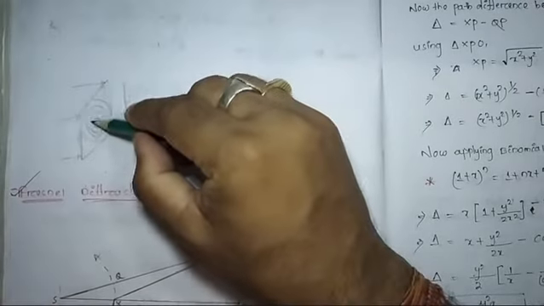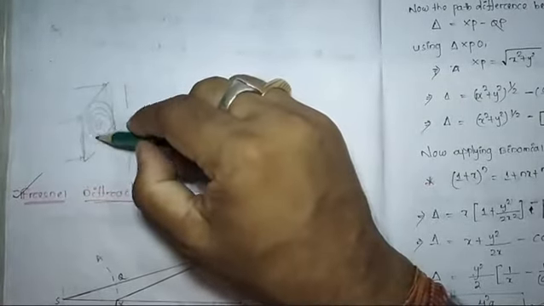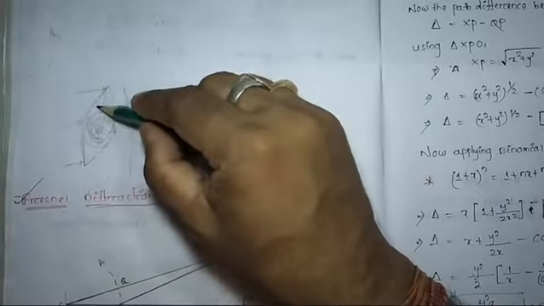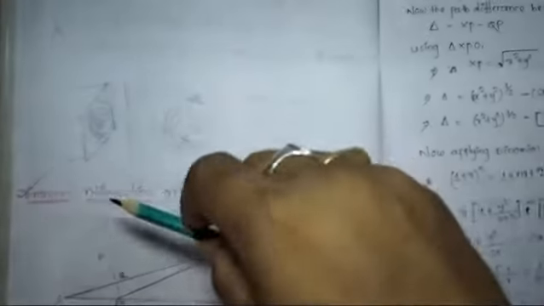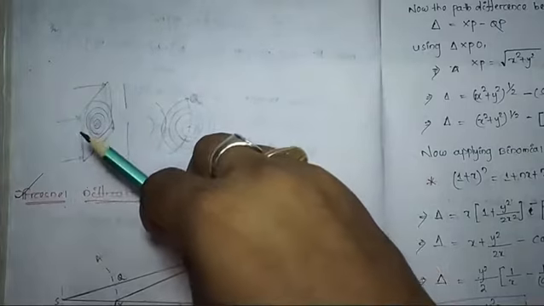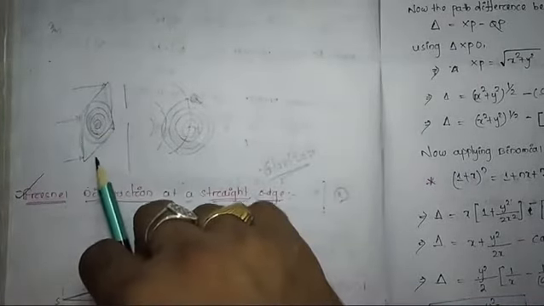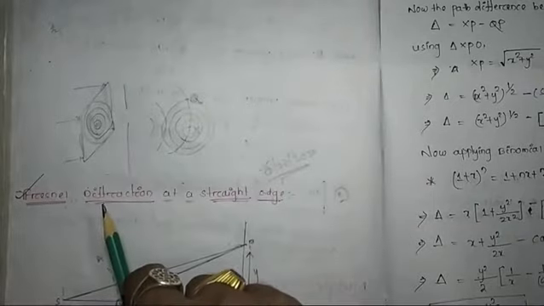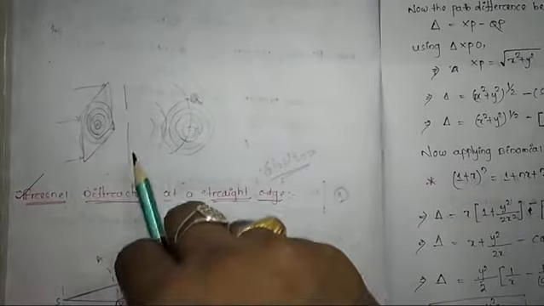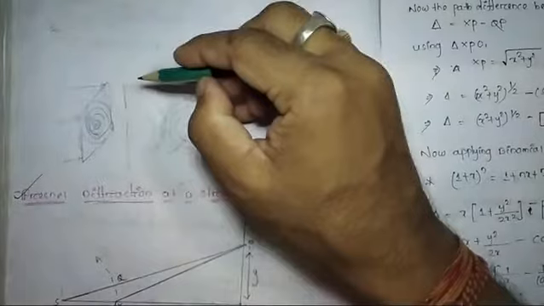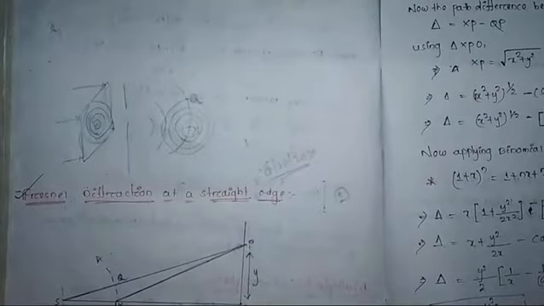This is one half period zone, this is another half period zone, this is another, numbers of half period zones. The rays coming out from each and every half period zone and their superposition at a particular point on the screen decide the diffraction intensity, or bright or dark fringe.